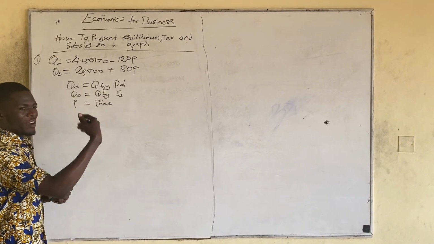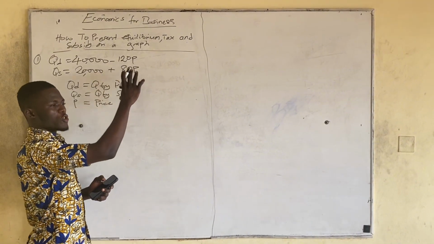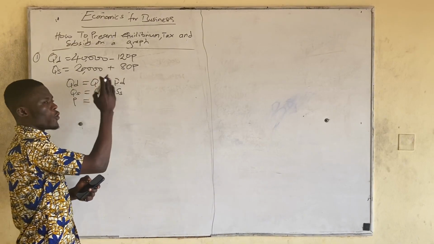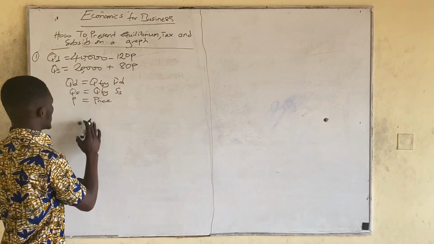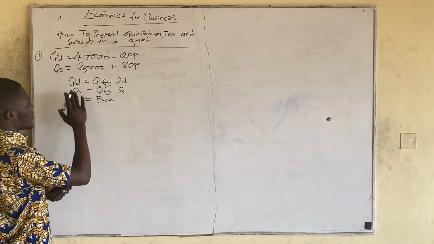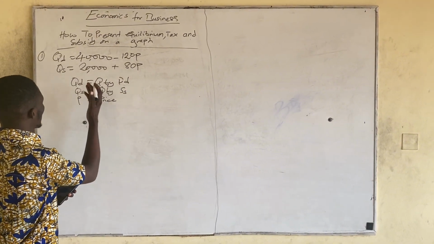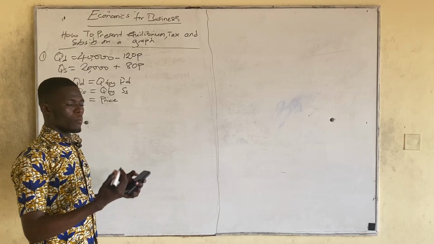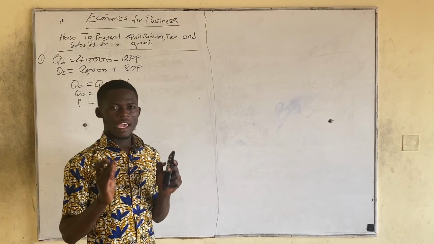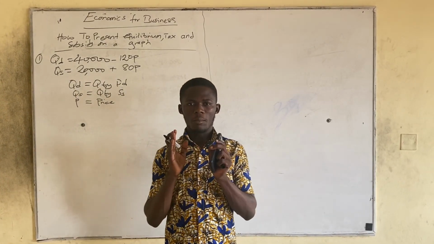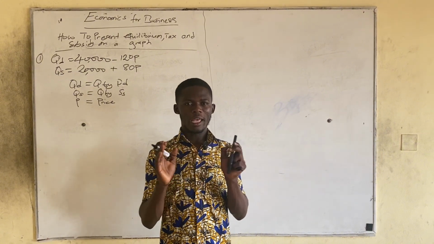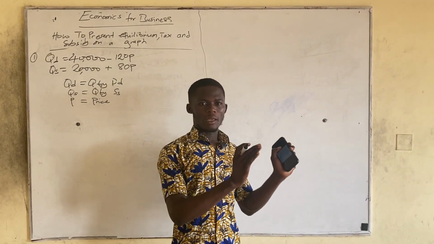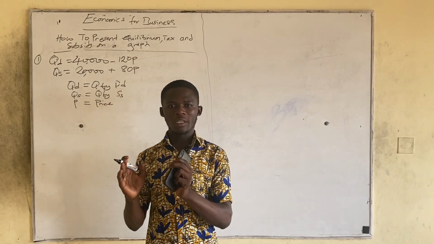I want us to fasten up, that's why I'm just making it this way. In case you are doing exams, make sure you write them in full. Now, if you want to get equilibrium quantity and equilibrium price, you equate the quantity demand equation and the quantity supply equation together.